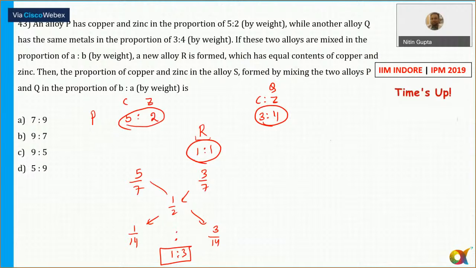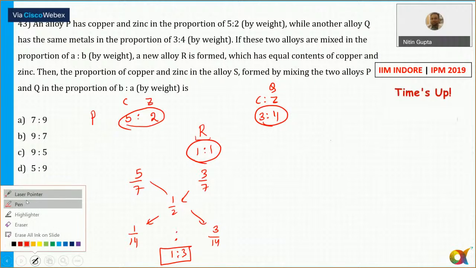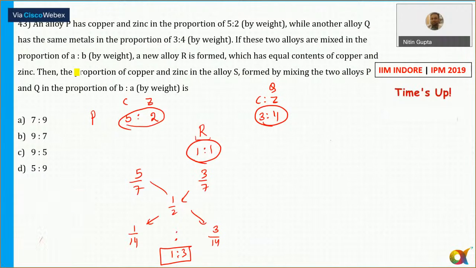Now, the next part says the proportion of copper and zinc formed by mixing the two alloys in the reverse way, if the ratio is B is to A. Here the value of A is to B is 1 is to 3. Now, if I am mixing these two in the ratio 3 is to 1, what is the weight here?